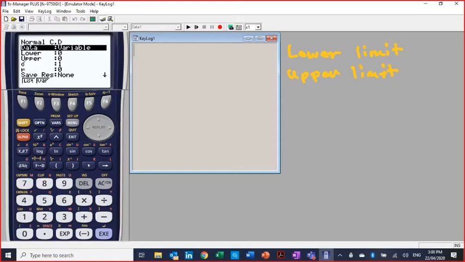The questions that you get are going to give you some parameters, some numbers that you're going to be looking at. These are not the z-scores, but the limits, the number of standard deviations above and below the mean. We can tell one is the lower limit because it's below the mean, or it's the smaller number. The upper limit is above the mean, or it's the larger number.